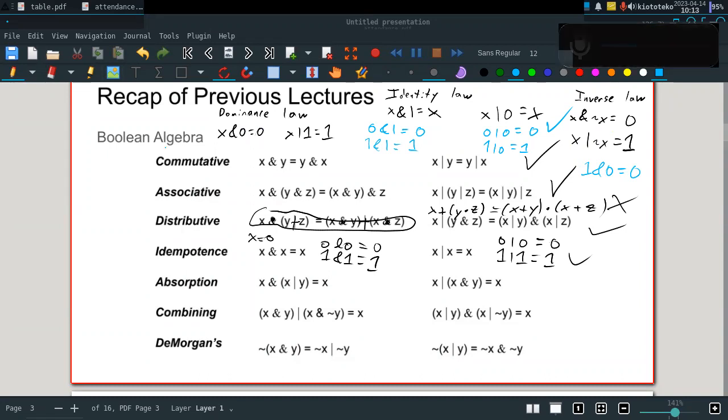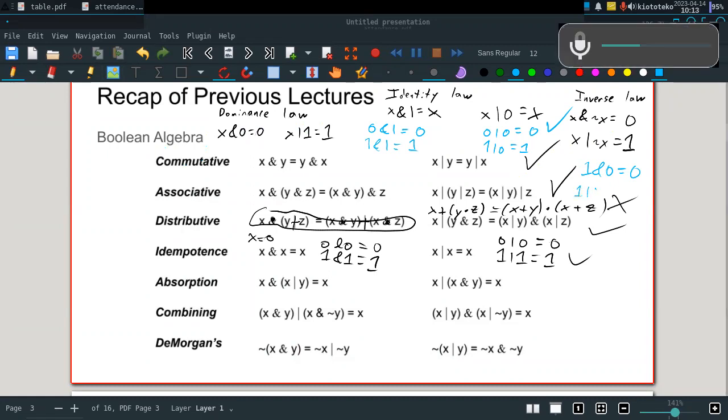Again, we have the commutative property that tells us that order doesn't matter when it's the same operator. And what happens if we have 1 or 0? Which one prevails? 1. Again, we go back to our dominance law, and when you have a 1 with an OR, it will always result in 1. So these are also very useful properties.